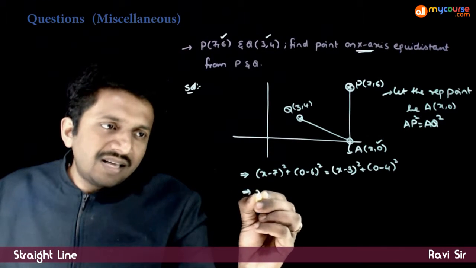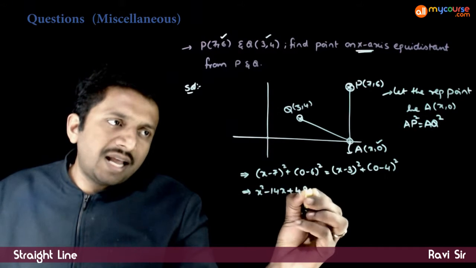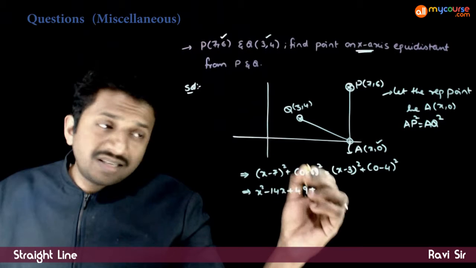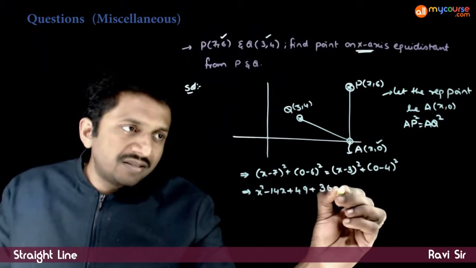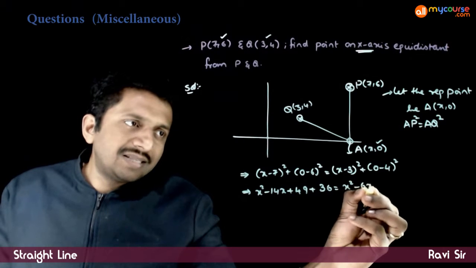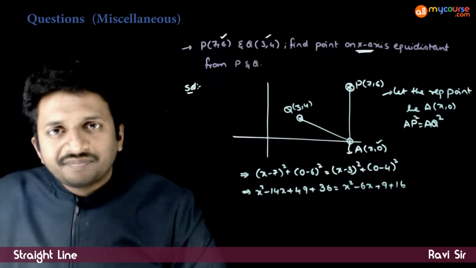This implies x square minus 14x plus 49 plus (minus 6) whole square, which is 36, is equal to, here also if you expand this, you get x square minus 6x plus 9 plus 16.